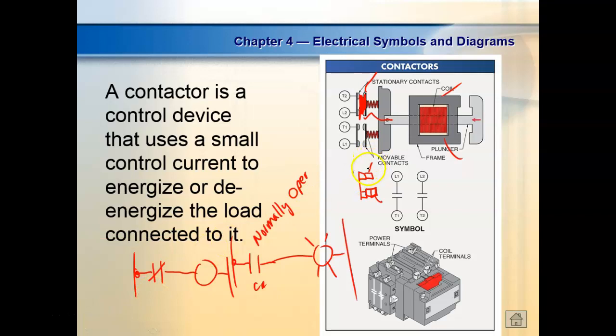When the relay was de-energized, then current would flow through the contact and go to the load. When we energize it, then this guy here would drop down. It would move right there. And what happens now is it would do what? So whatever was normally closed, the load would be energized, right? The contact would be closed when the coil was de-energized and was open when we energized those. So these relays are going to control two types of contacts, right? Either what? Normally open or normally closed. Everybody understand that?